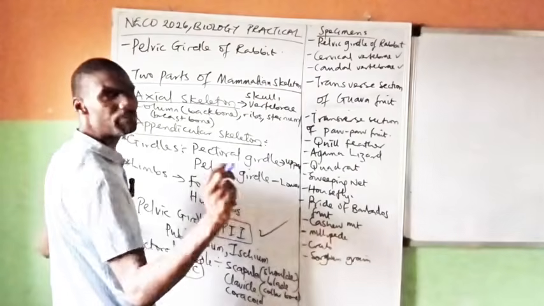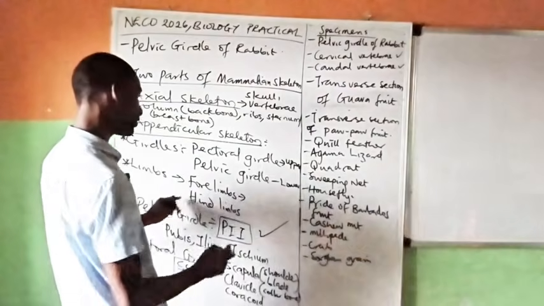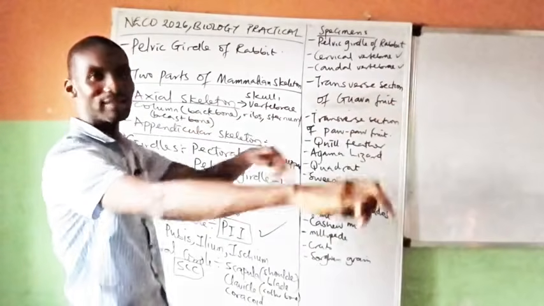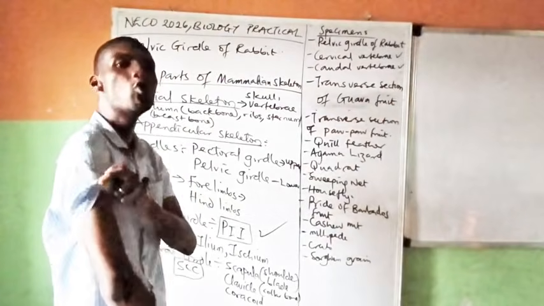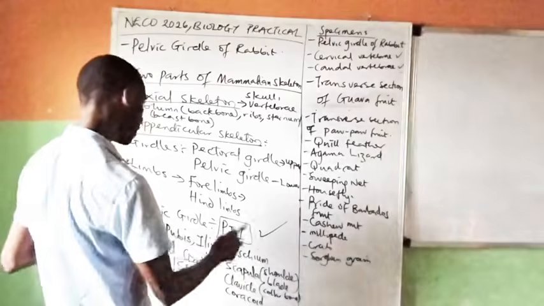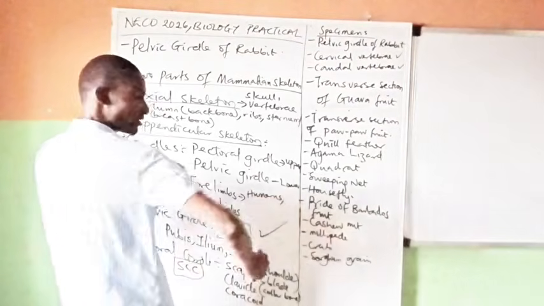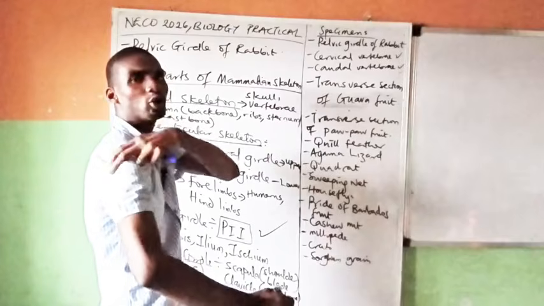Now, in mammals, let me quickly tell you the bones of the forelimbs. What are the bones that make up the forelimbs? Your hand. H for hand. The first bone in the hand is H for humerus. The humerus is the bone that is connected to your shoulder.